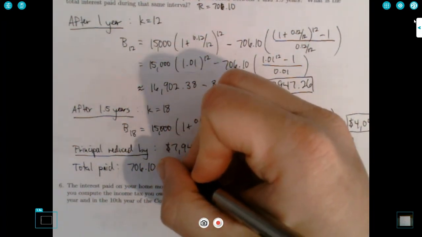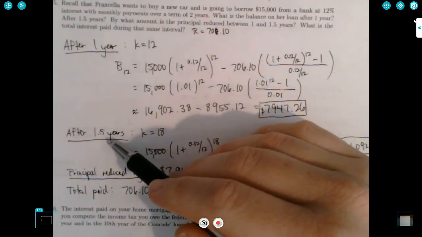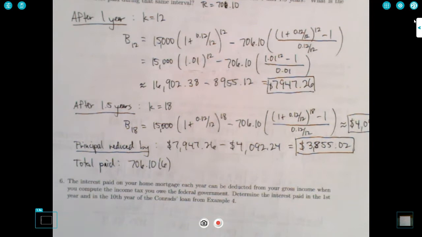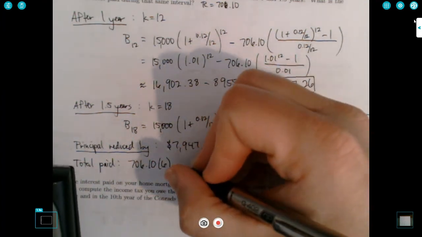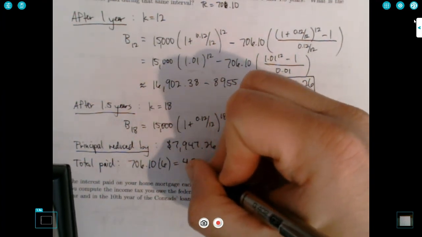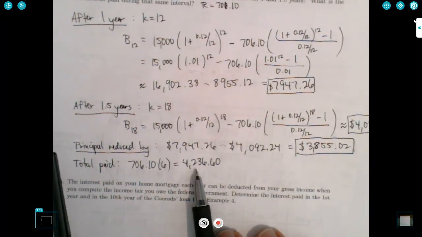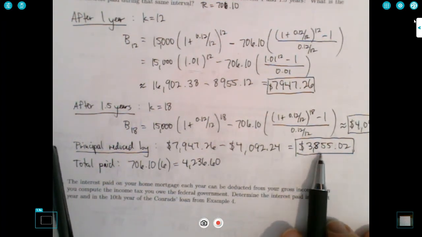Because between 1 year and 1.5 years, she's going to make 6 payments of $706.10. I don't know why that was so hard for me, but anyway, $706.10 times 6 is $4,236.60.